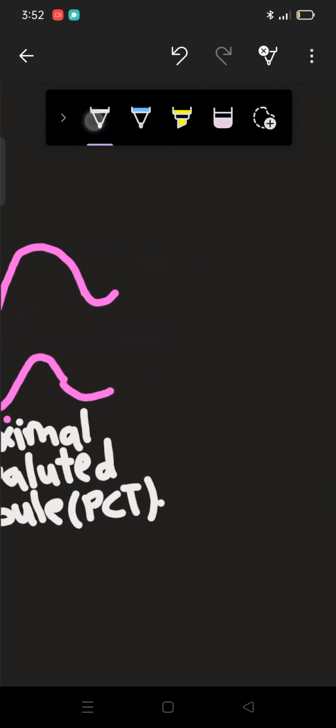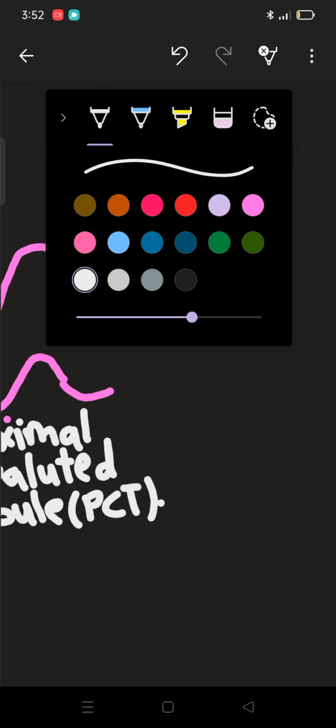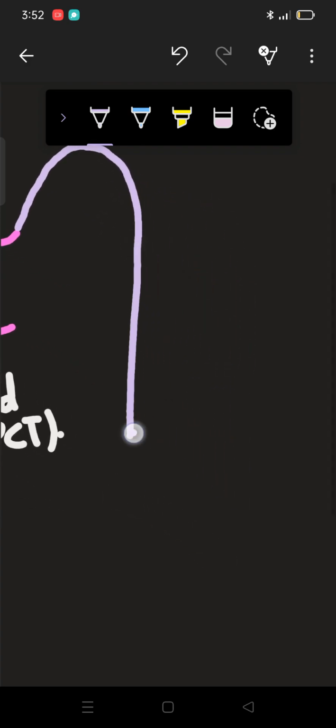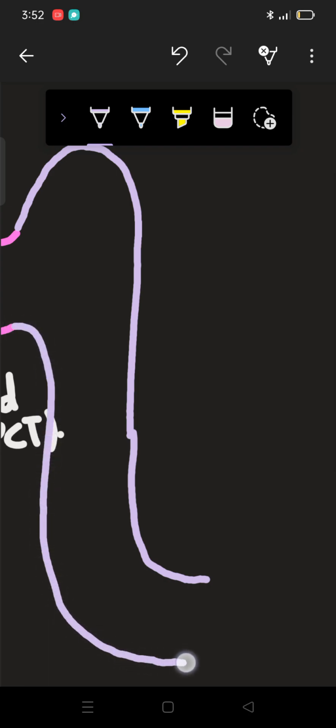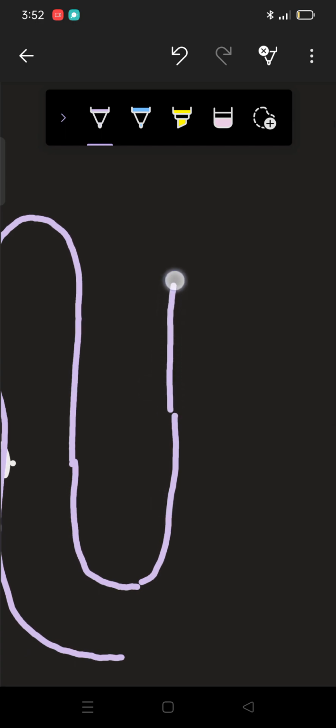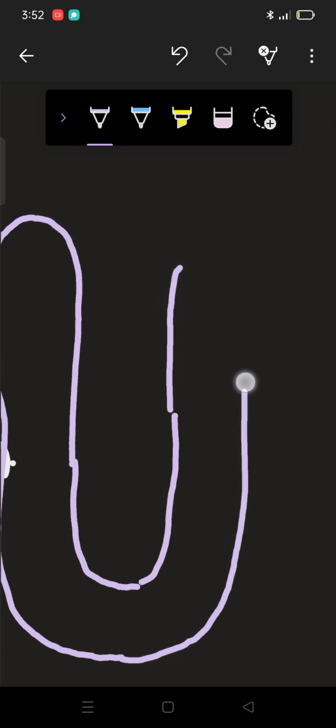Now we are going to make the loop of Henle. I should make that with this color. So here I have a long branch of this tube which is going down, and then it is going up again. Here it is.